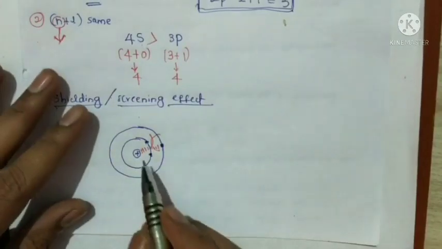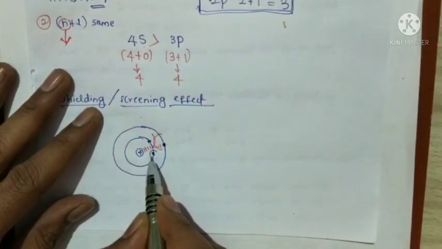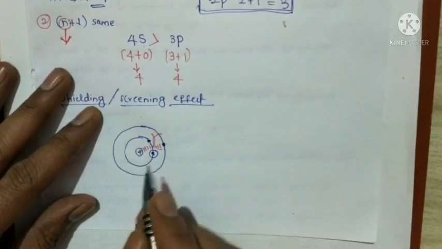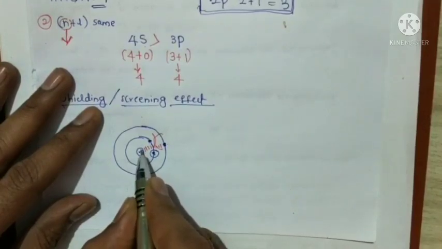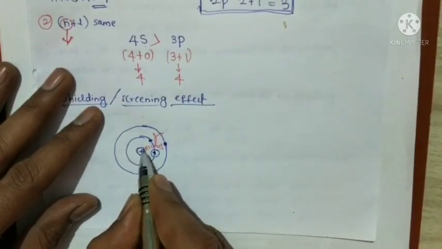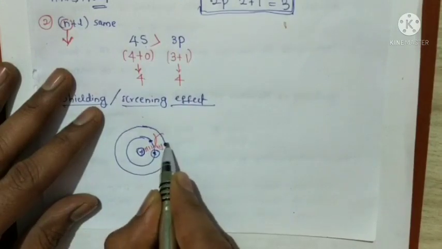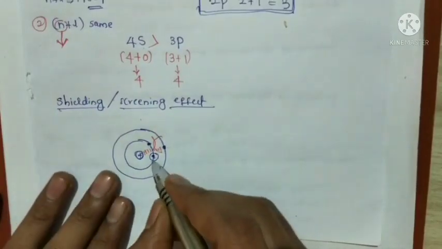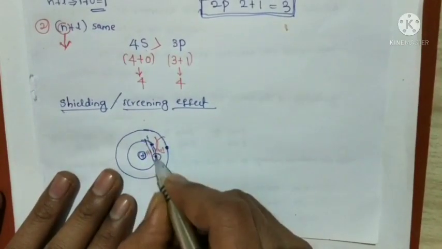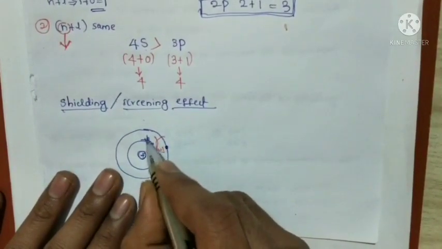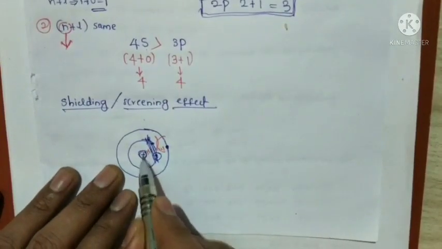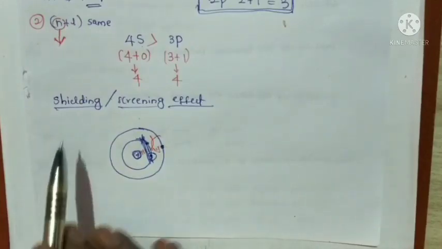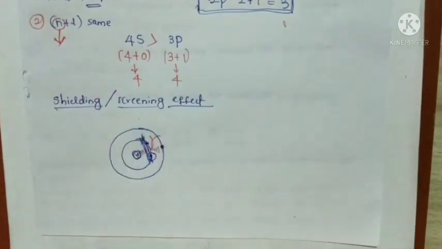Due to the presence of inner electrons, the attraction force by the nucleus on the valence electron decreases, because these electrons are shielded. These electrons shield the nucleus's power on the valence electron. So this effect is called the shielding effect or screening effect.